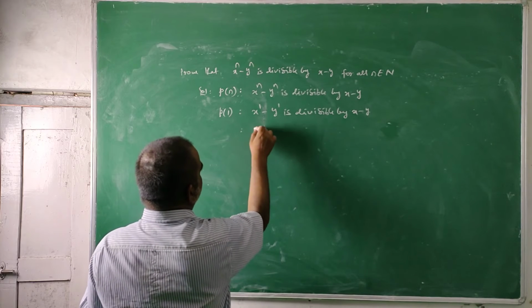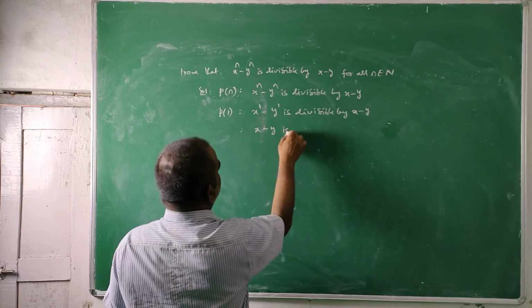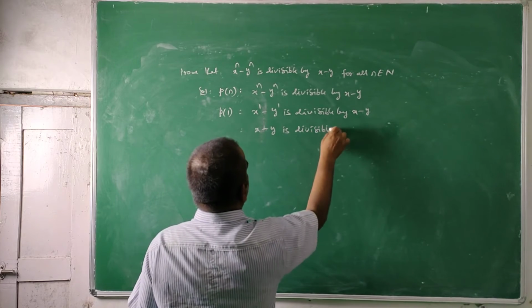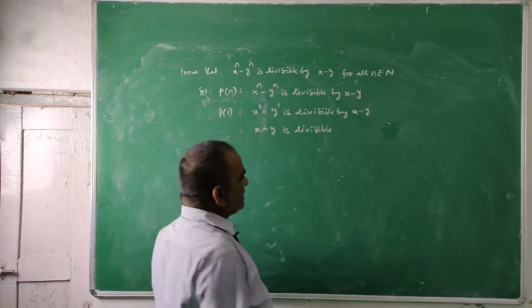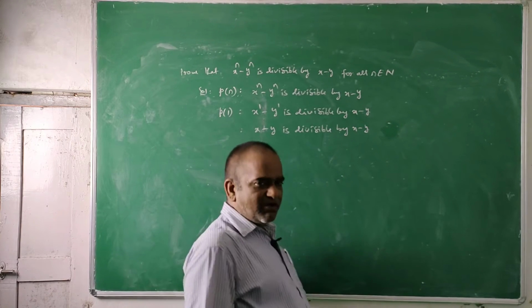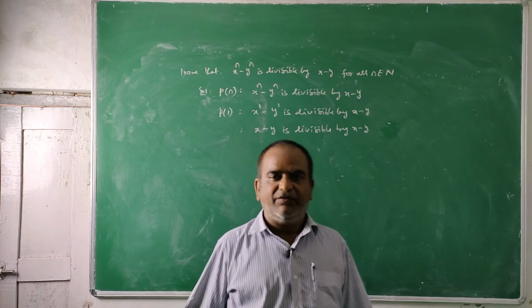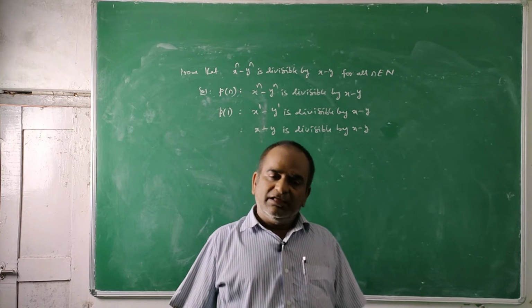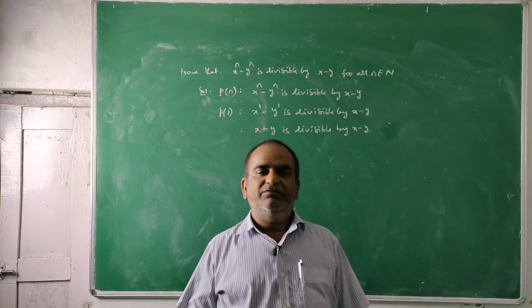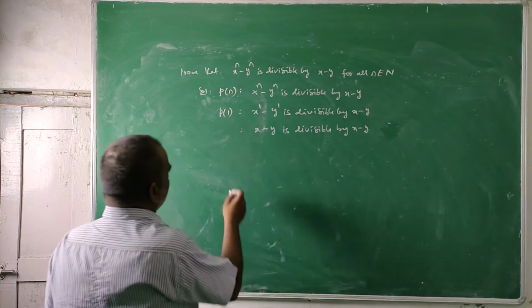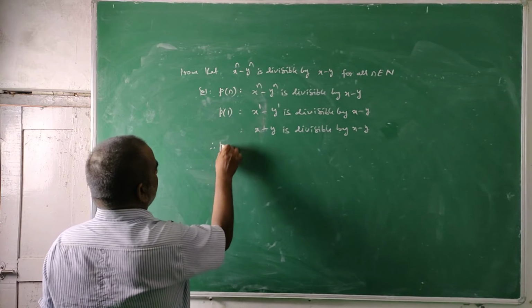So x minus y is divisible by x minus y. As we have a number theory property that every number is divisible by itself, so obviously x minus y is itself divisible by x minus y. So P of 1 is proven to be true. Therefore, P of 1 is true.